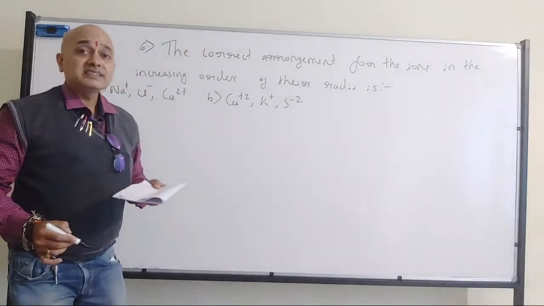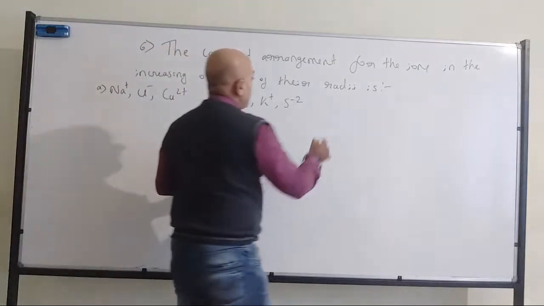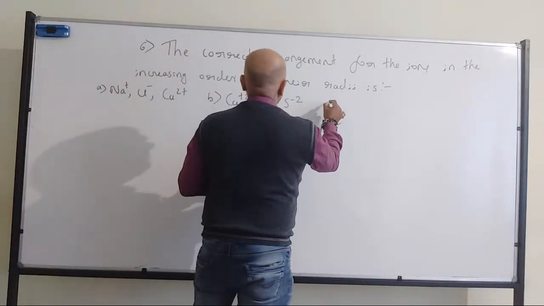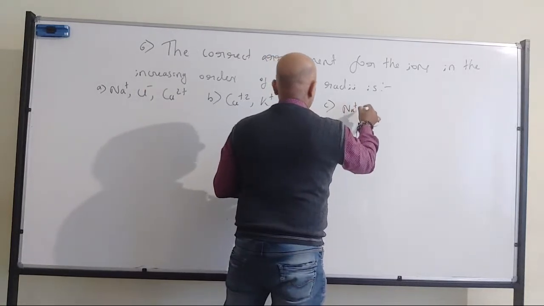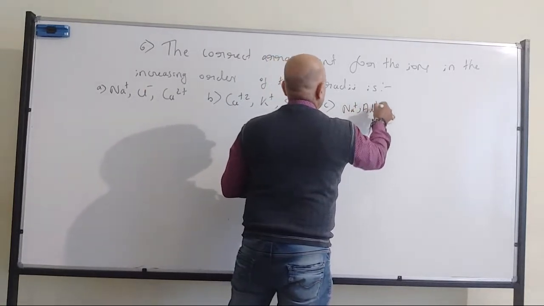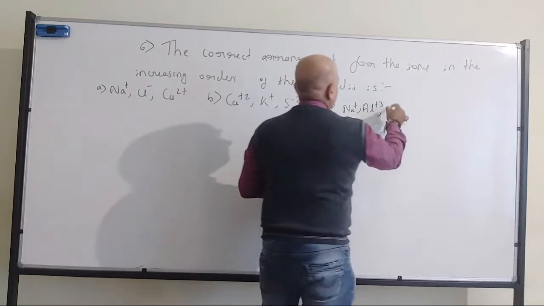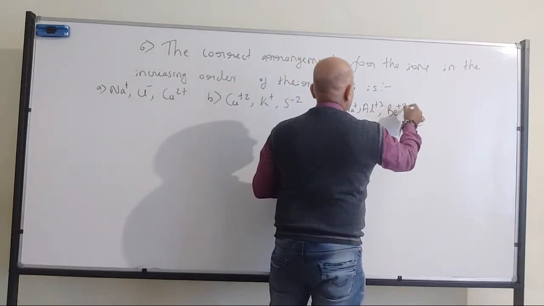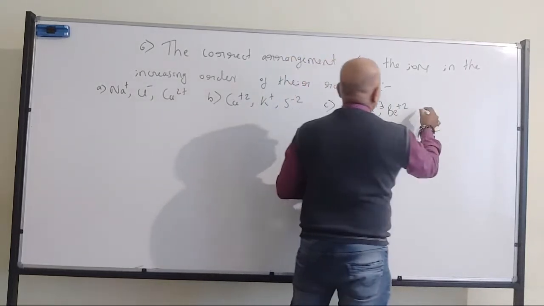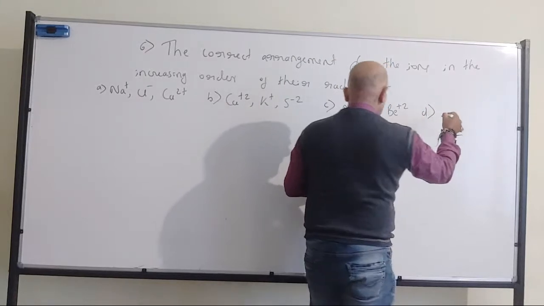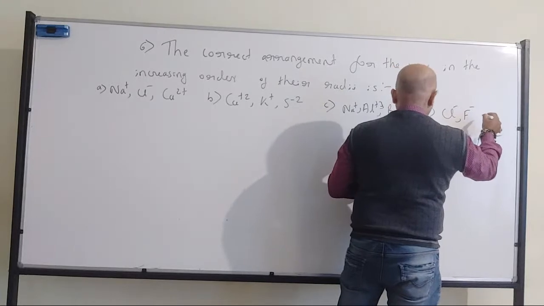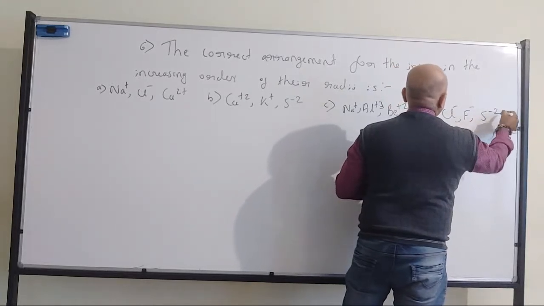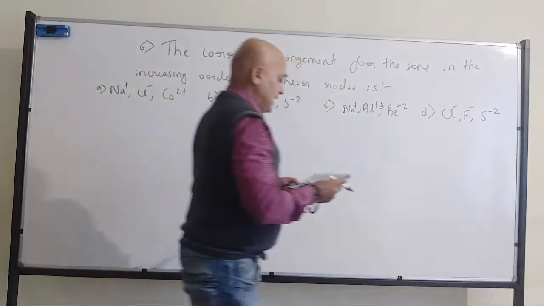Option C: Na plus, aluminium 3 plus, beryllium plus 2. And option D: chloride, fluoride and S minus 2.